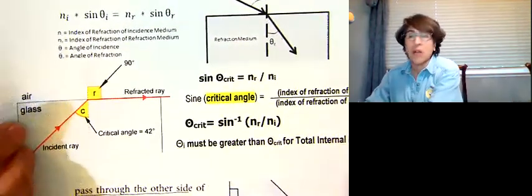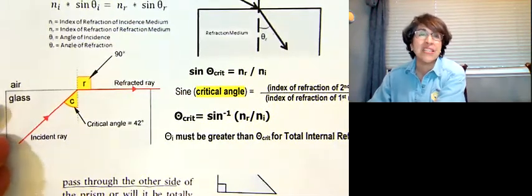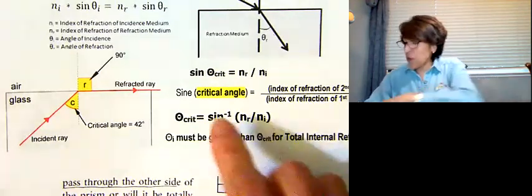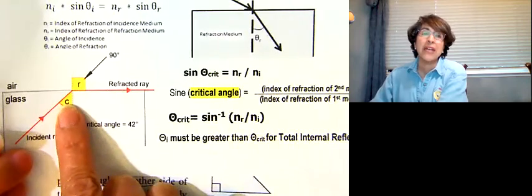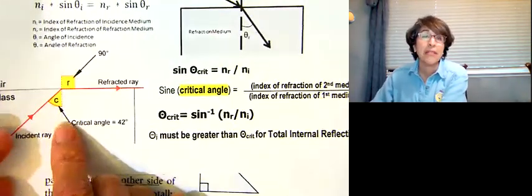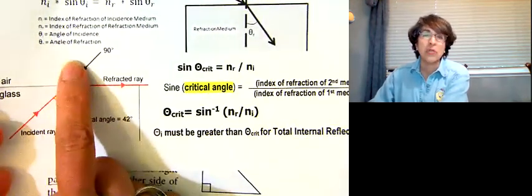And what is the equation? It's really simple. It has to do, again, with the index of refraction, and the index of refraction depends on what media you're in. So the sine of that critical angle is just the index of refraction of the second medium, so it depends on what direction you're going in. Here we start from the glass out to the air.